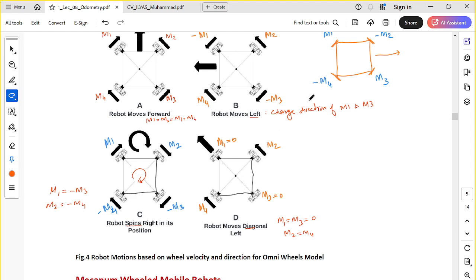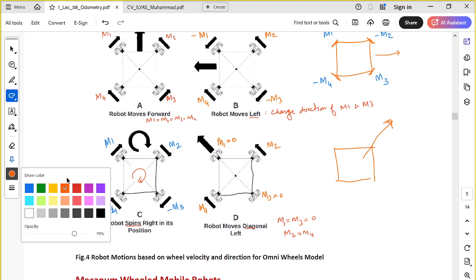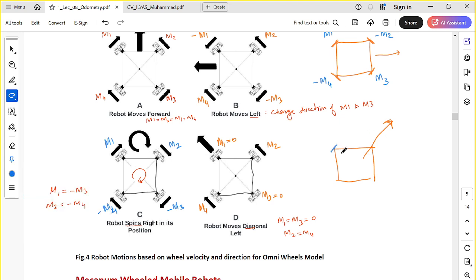If we want to move our robot in this direction, for example, you can well recognize what we have to do. We stop these motors, M2 equal to 0, M4 equal to 0, and just move M3 plus and M1 plus.